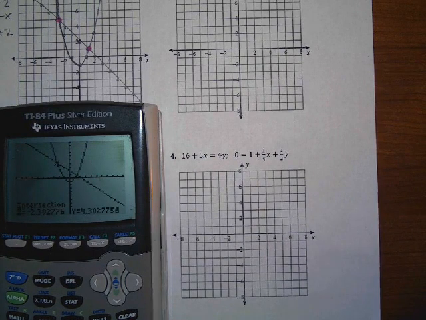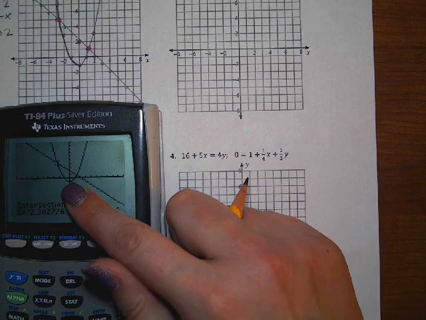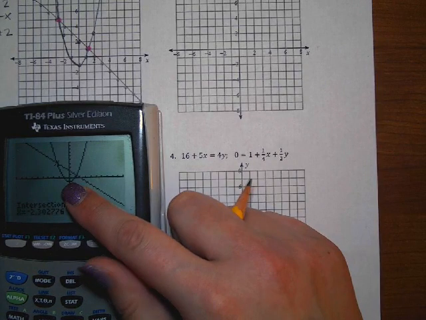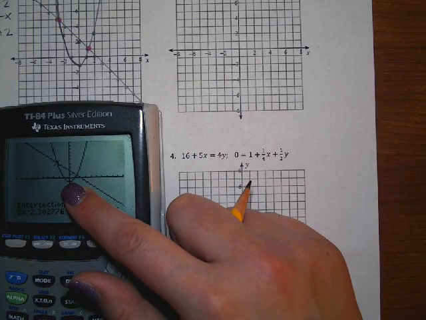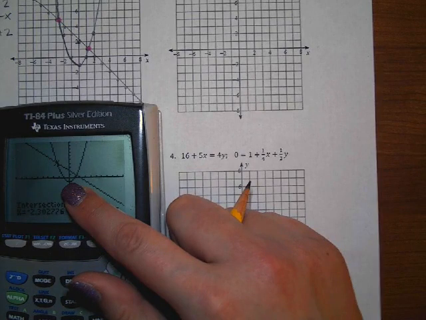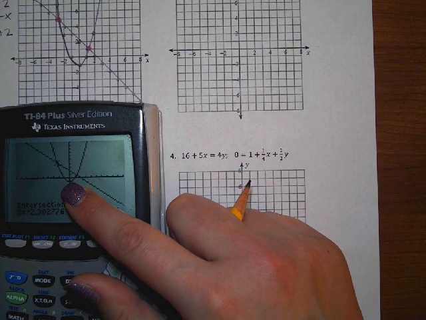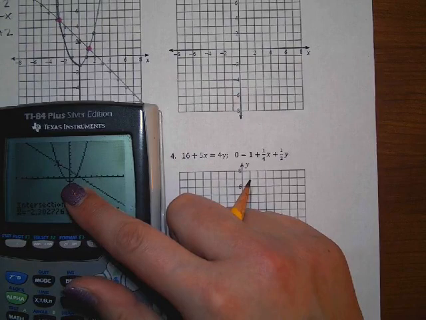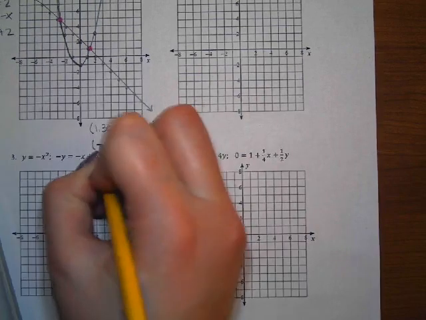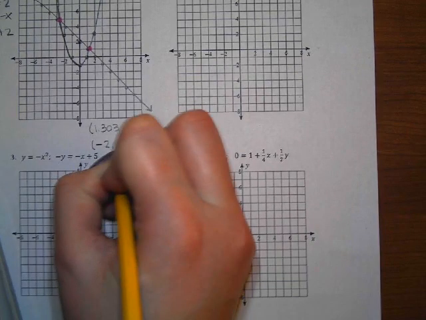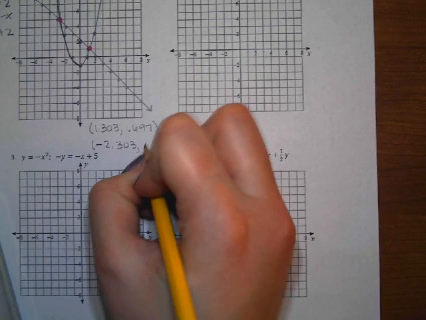Your calculator will keep finding the first one over and over, so all you have to do is move towards the second one. You don't have to be on top of it. A lot of students get stuck on that, but the calculator doesn't care about that. You just have to be close to it. Okay. So we got negative 2.303, 4.303.